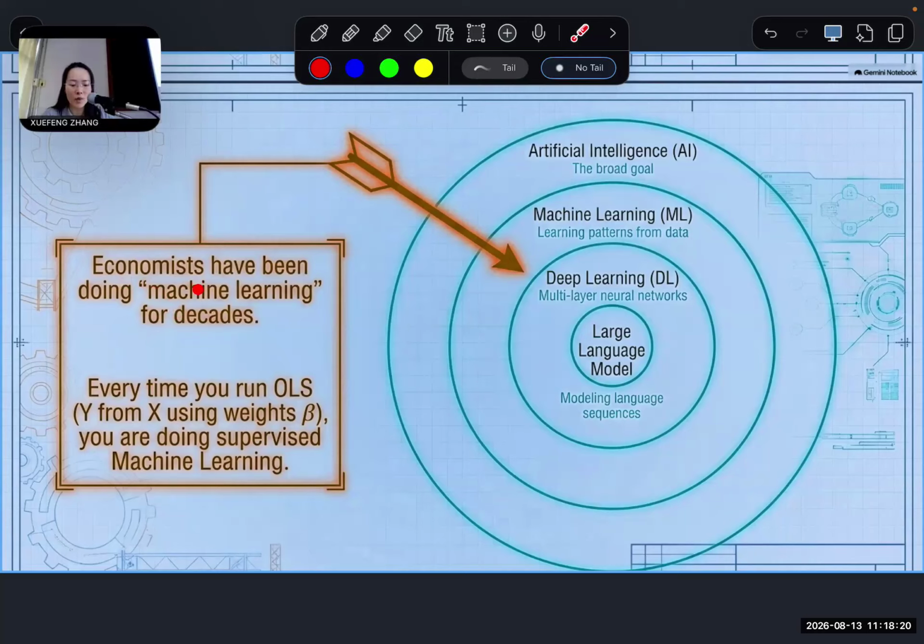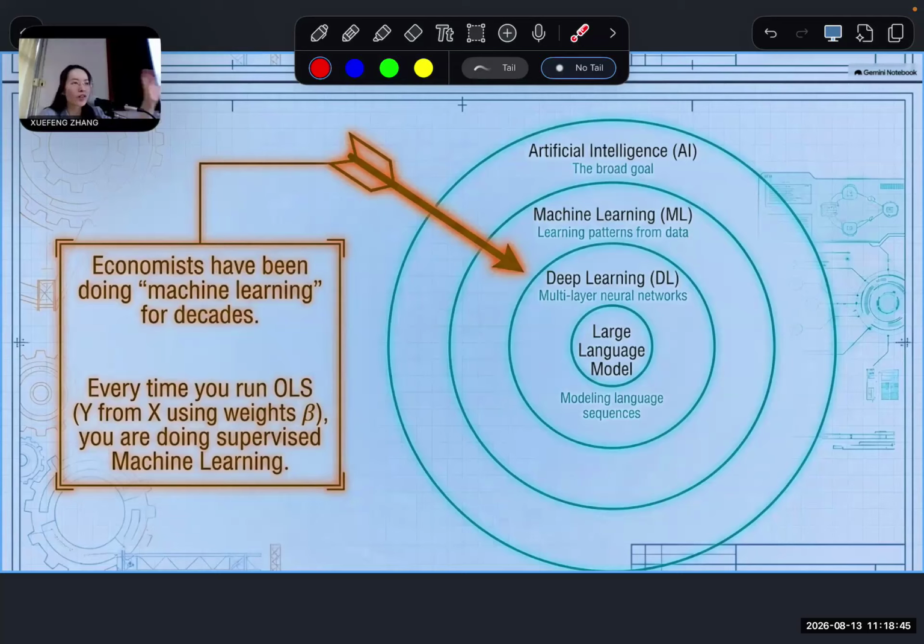So here's the point. Economists have been doing machine learning for decades. We just called it something else, right? Every time you run OLS, we are predicting Y from X using weights beta. So we are doing supervised machine learning. What does supervised mean?